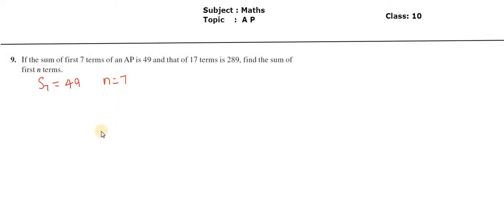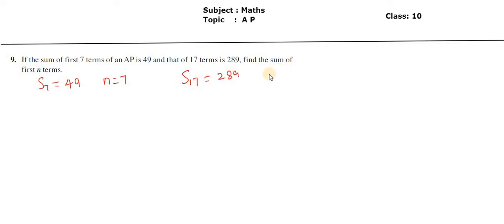And also they gave you the sum of the first 17 terms, that is S17, which is equal to 289.